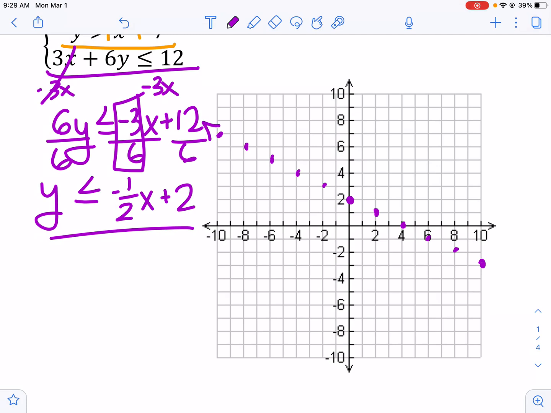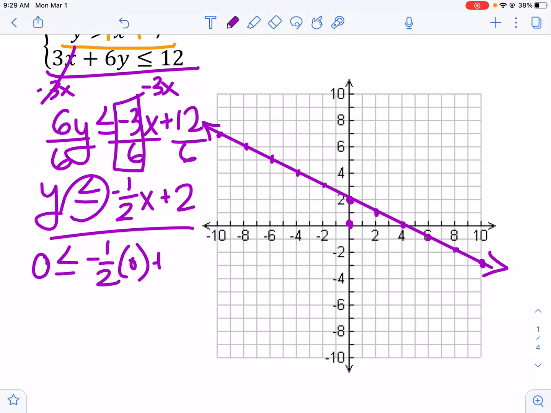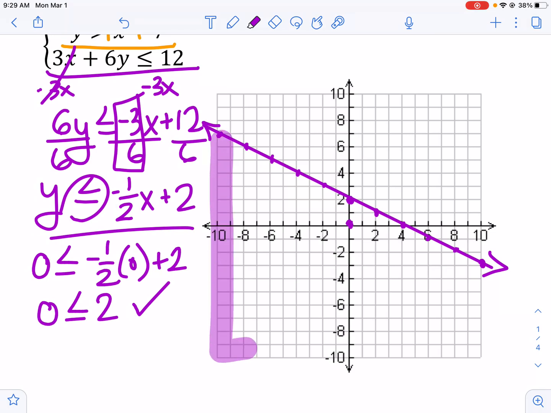It is indeed a solid line because of the inequality symbol, and you can test the point 0, 0. So I'll plug it in. 0 is less than or equal to -1/2 times 0 plus 2. Is 0 less than or equal to 2? Yes, it is true, which means my solutions go through my point 0, 0.